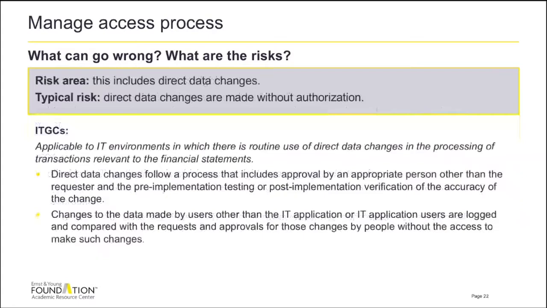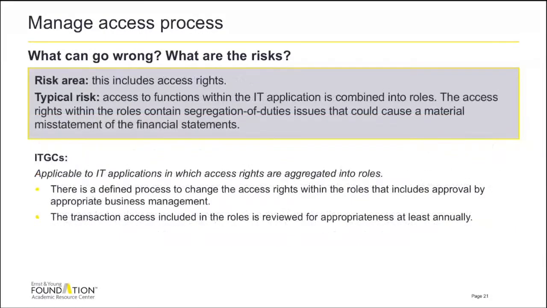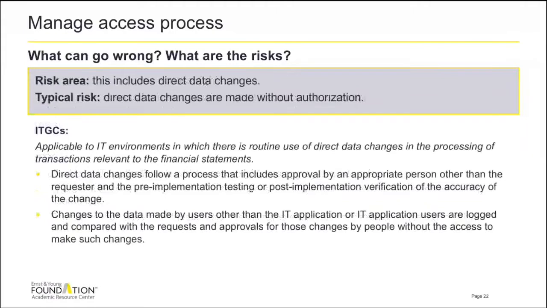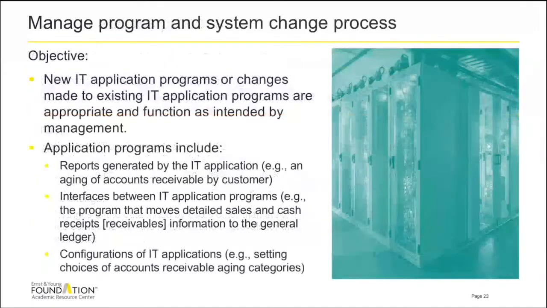So direct data changes should follow a process that includes approval by an appropriate person other than the requester and the pre-implementation testing or post-implementation verification of the accuracy of the change. And changes to the data made by users other than the IT application users are logged and compared with the requests and approvals for those changes by people without access to make such changes.